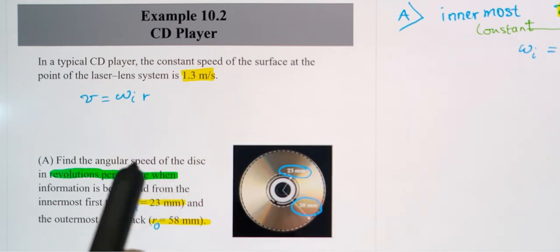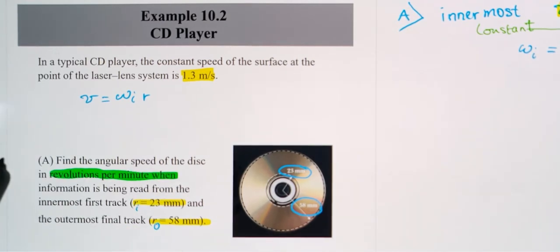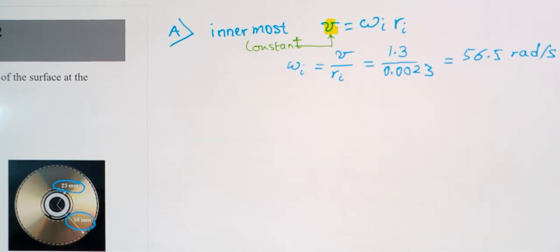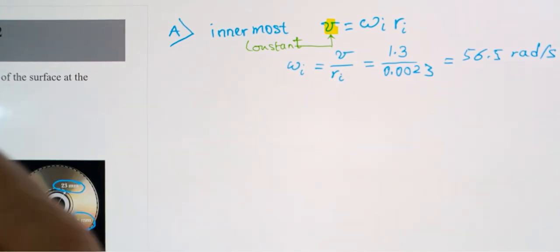Revolution per minute. I will do it slowly once. Pay attention to that. If you are confused, you just listen back to the recording. Pay attention. If you missed it, just review the video.